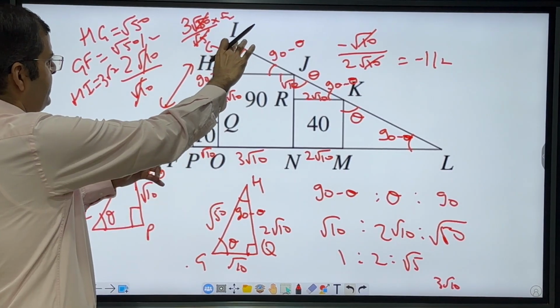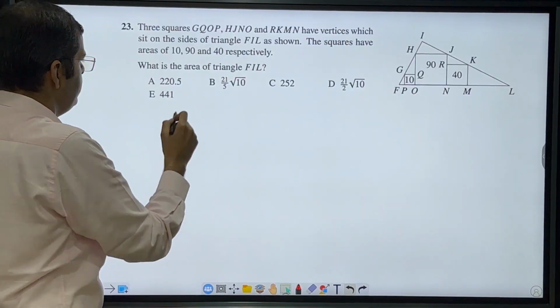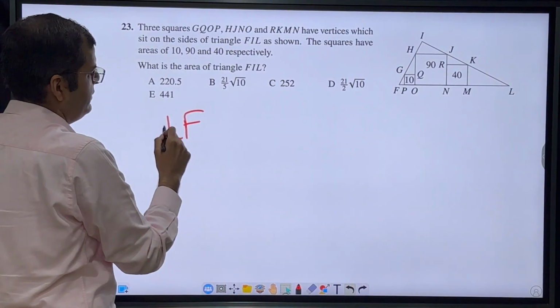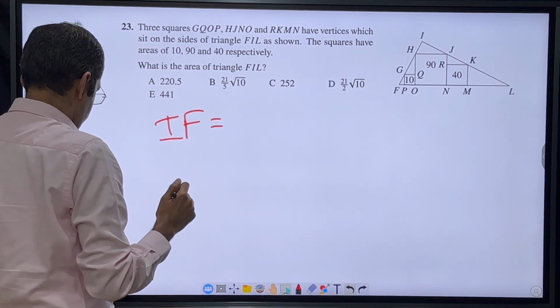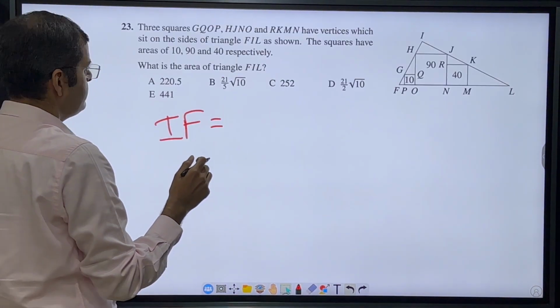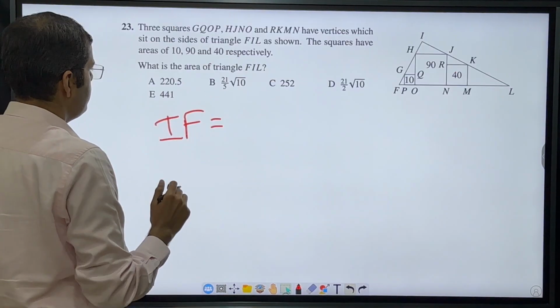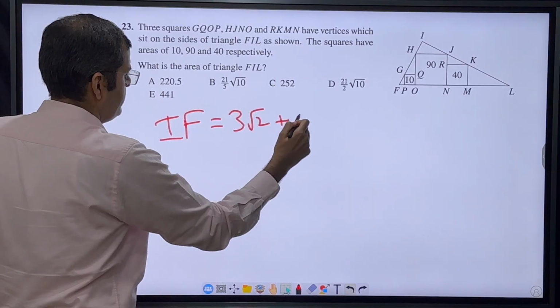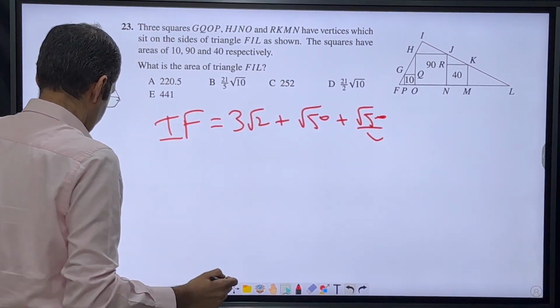So what is this side completely? IF. I'll write here IF. IF will be IH, which is 3 root 2, plus root 50 plus root 50 by 2.